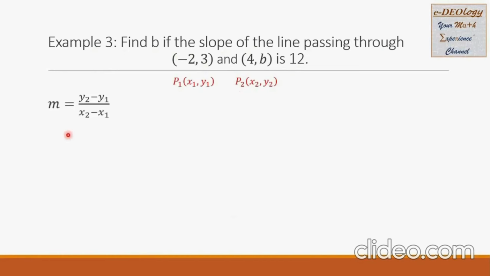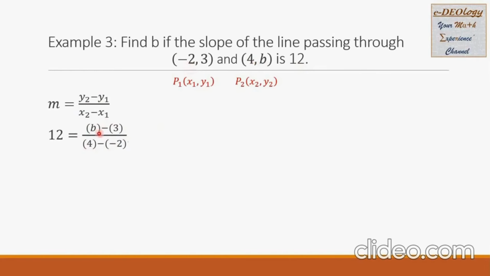Let us now substitute the corresponding values. For the m, substitute the value 12, equals the y sub 2, which is b, minus y sub 1, which is positive 3, all over x sub 2, which is positive 4, then minus x sub 1, which is negative 2.